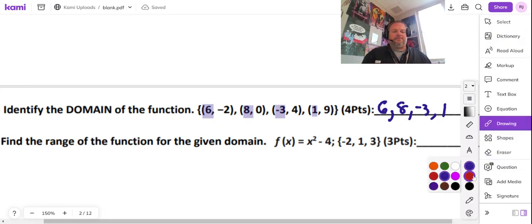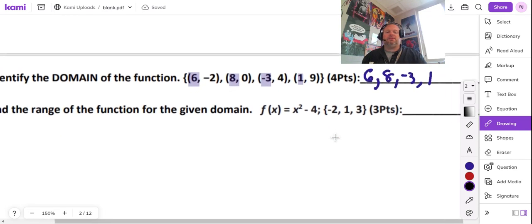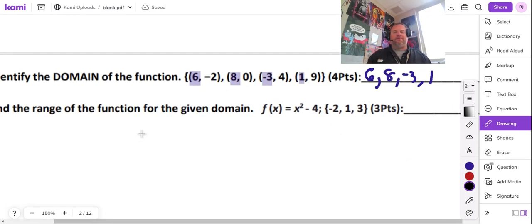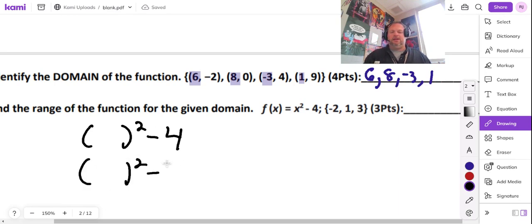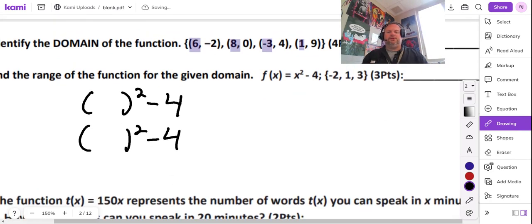So, find the range. I plug the X values into the function to get the range. Plug in X values. Now, some people may write down the functions, but this is a lot of calculator work. And I want to step these out because I want to. Do you think I'm looking for work on this on the test?